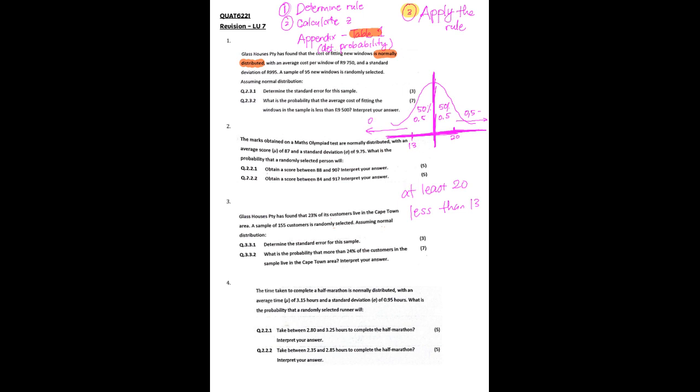However, if you find that they change those words around, let's just say that they said to you less than 20. So if the question said less than 20, this is just hypothetical to show you how that bell-shaped curve would work. Less than 20 means you're moving from this direction further to the left.